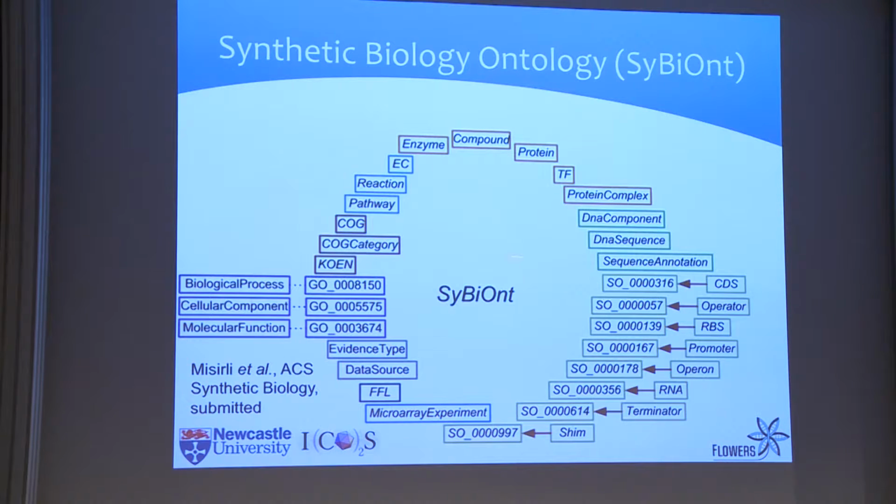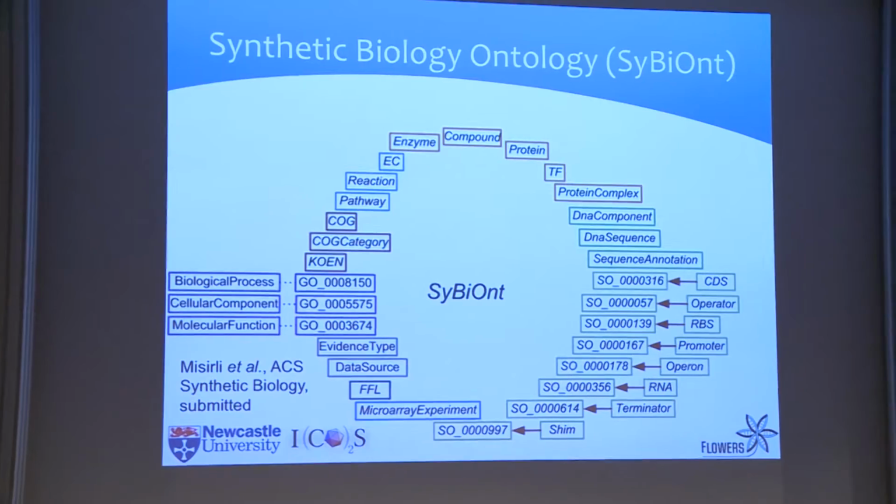And we also have terms for reactions and pathways. And some of the other terms can be used to classify the rest of these terms. For example, the EC numbers to classify enzymes and their corresponding biological reactions, and the clusters of orthologous group IDs to classify proteins based on their orthology relationships.